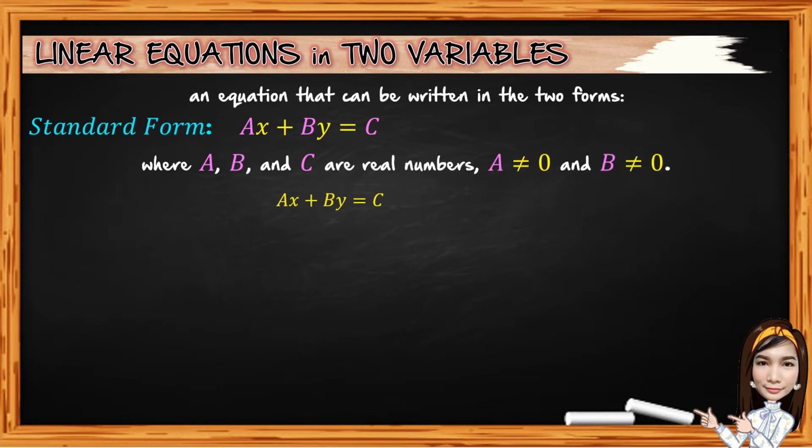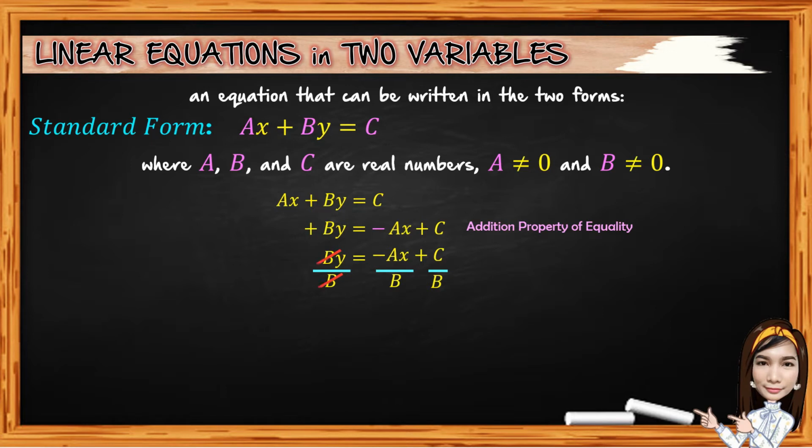Given ax + by = c, using the addition property of equality, we are going to add the additive inverse of positive ax, which is negative ax, to both sides, so that positive ax turns into negative ax on the right side. And we have by = -ax + c. Then divide both sides by b so that we can simplify: b divided by b is equal to 1 times y.